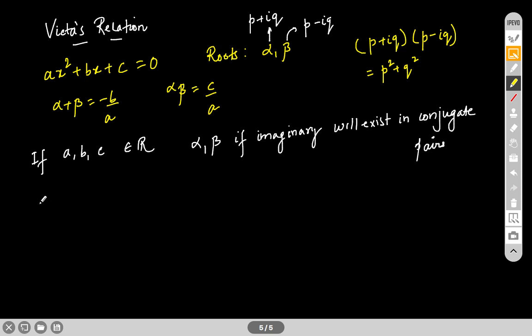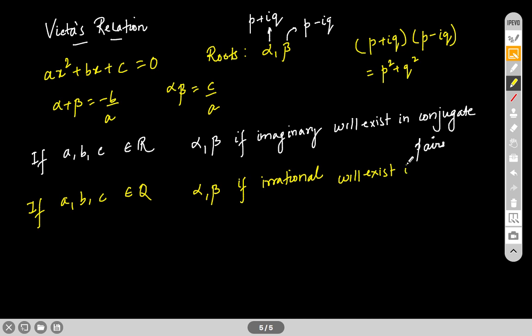Just in continuation of this property, if a, b, c are rational, and if any one of the roots is irrational, irrational means there is a presence of a surd, this will also exist in conjugate pairs.